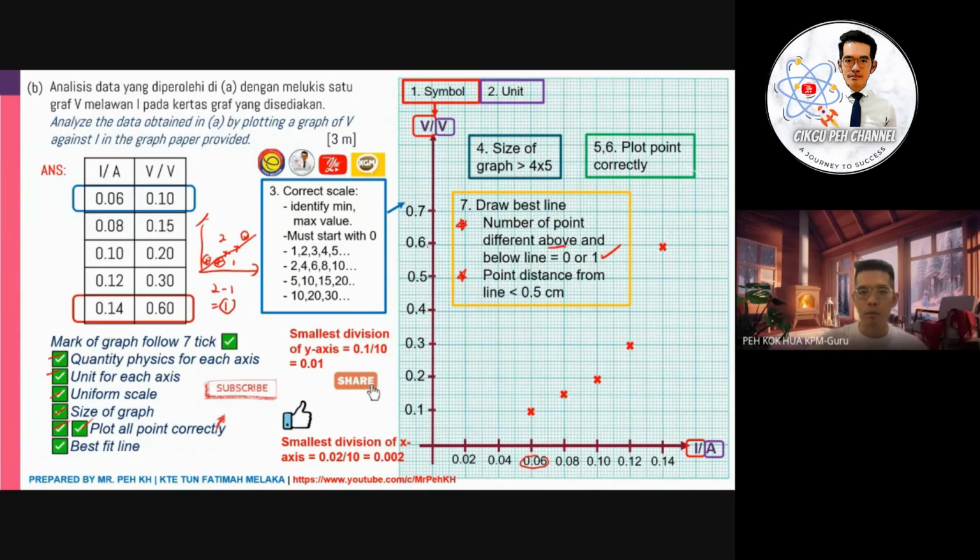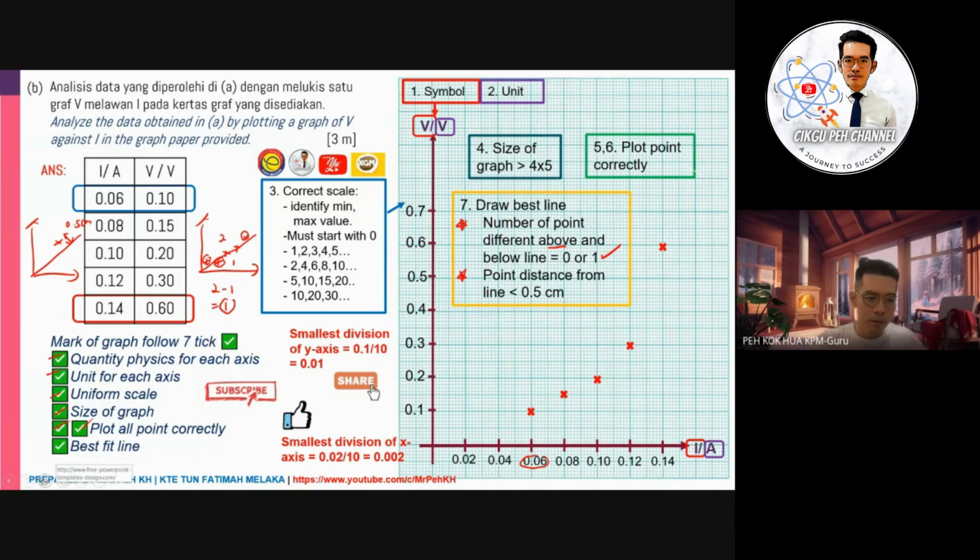Then the second requirement is the distance between the line and the point. The distance here cannot be more than 0.5 cm. If it is more than 0.5 cm, this will not be considered a baseline.